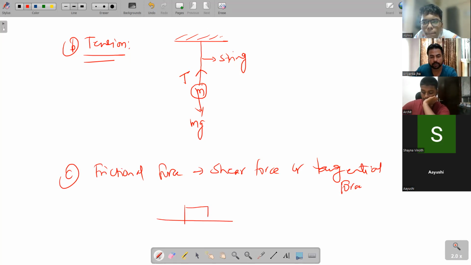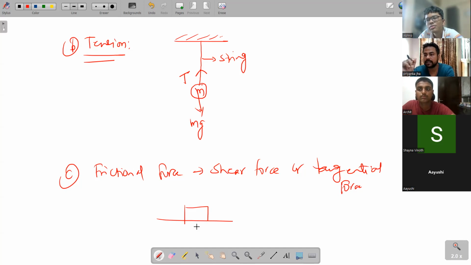See, one body is kept over here. Suppose at your home a sofa is kept, and a small kid comes and tries to pull that sofa, but the kid is not able to move it. Why? Because whatever force the kid is applying is not sufficient to move the sofa, right? And we come and just push that sofa and it moves.